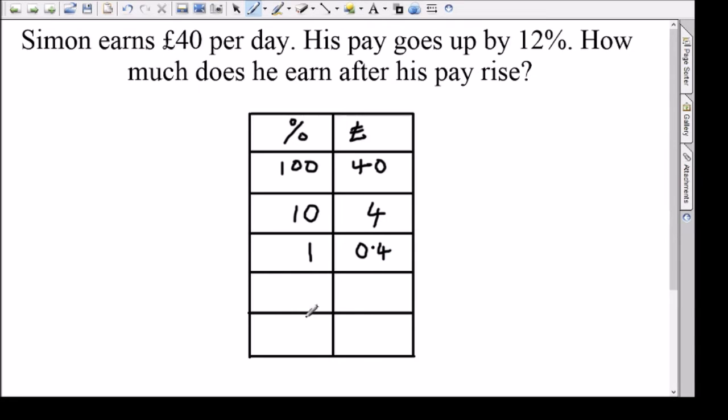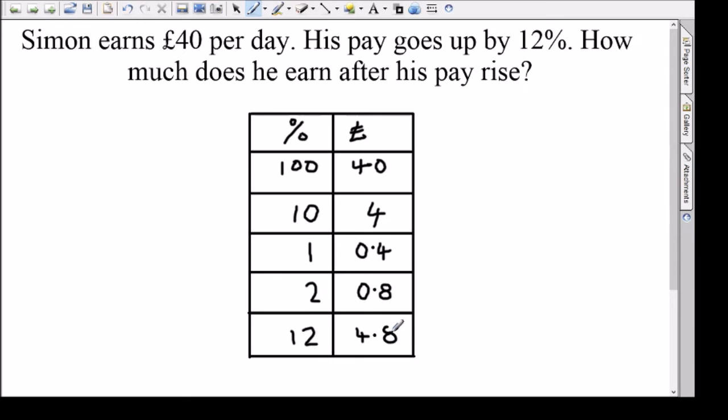Okay. I'm looking for 12%, so from 1% I can get to 2%. Just double it. So my 12% can come from this line here, this line here. 12% is 4 plus 0.8, that's 4.8.